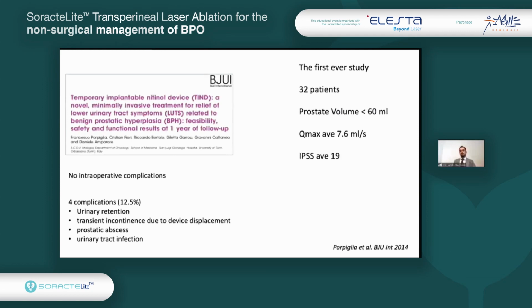There were no intraoperative complications, and just a couple of postoperative complications, including urinary retention, transient incontinence due to device displacement, that is something that has to be considered, and prostatic abscess in one case, and urinary tract infection in another case.